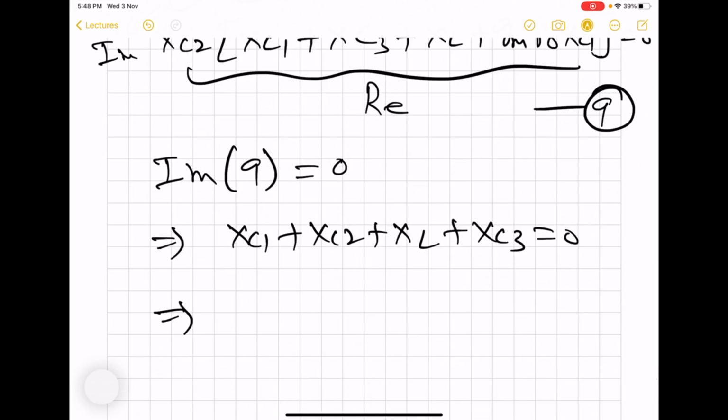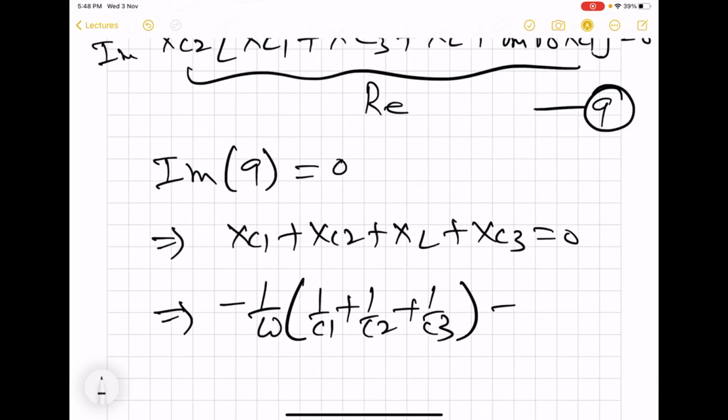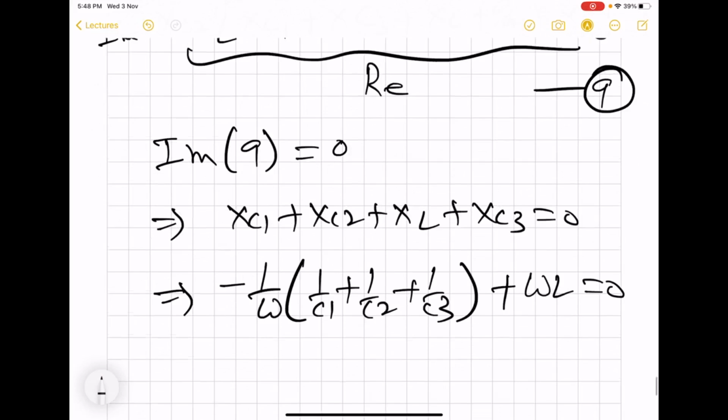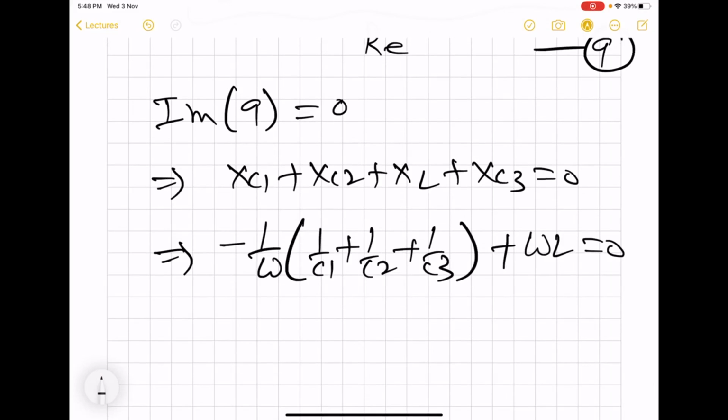So here we have minus 1 by omega into 1 by C1 plus 1 by C2 plus 1 by C3, plus omega L is equal to 0.